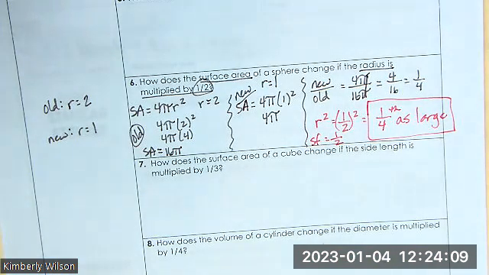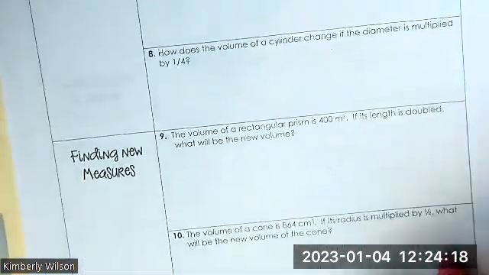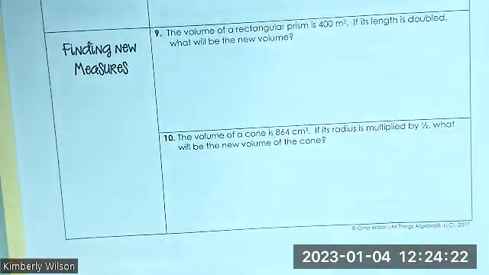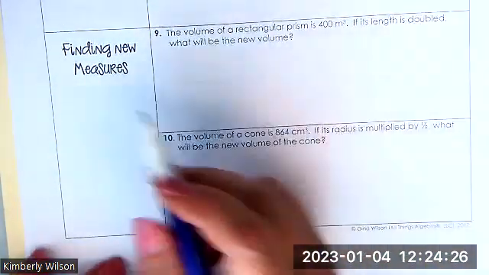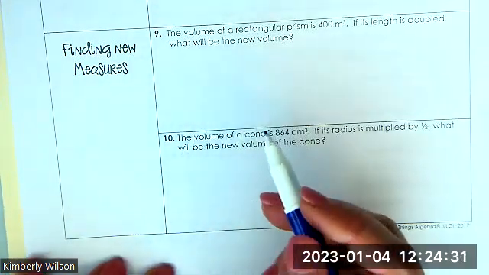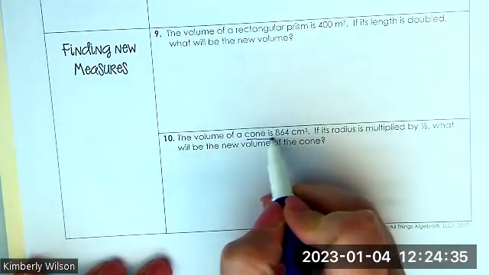All right. Moving on, we're going to jump down and we're going to talk about number 10. This is where we're finding new measures. Okay, so it says the volume of a cone.